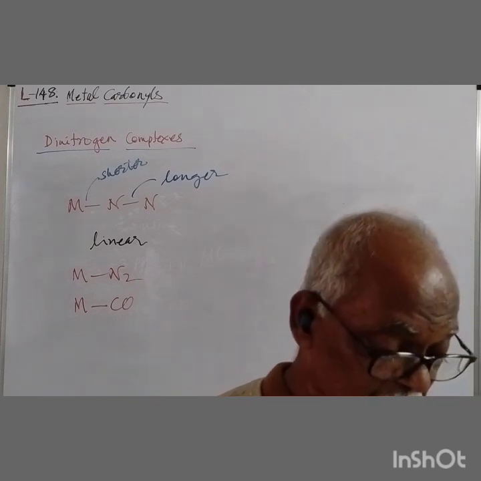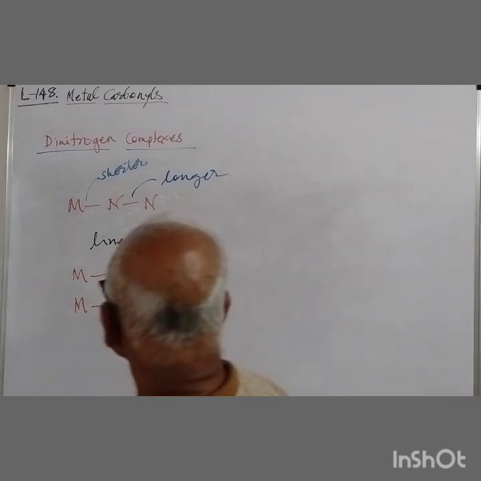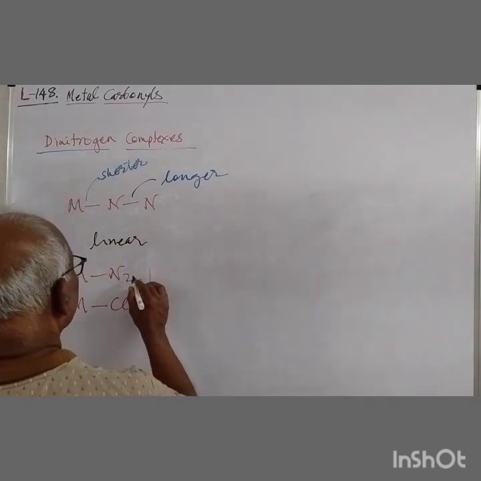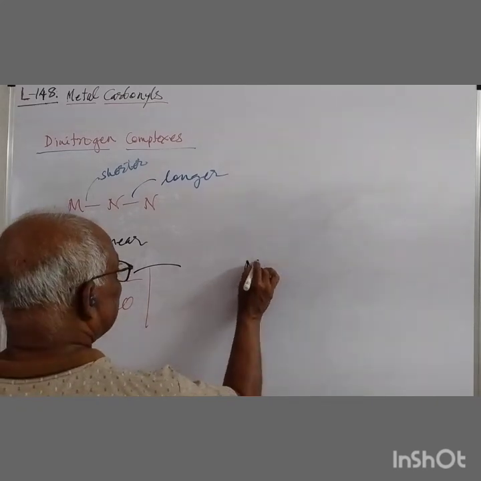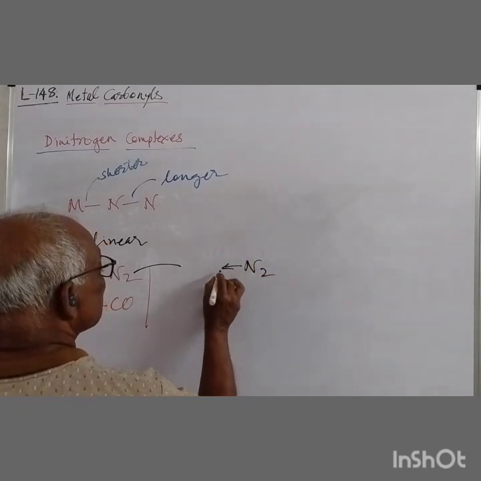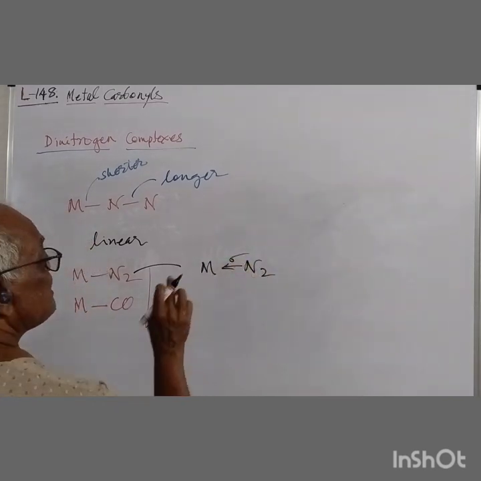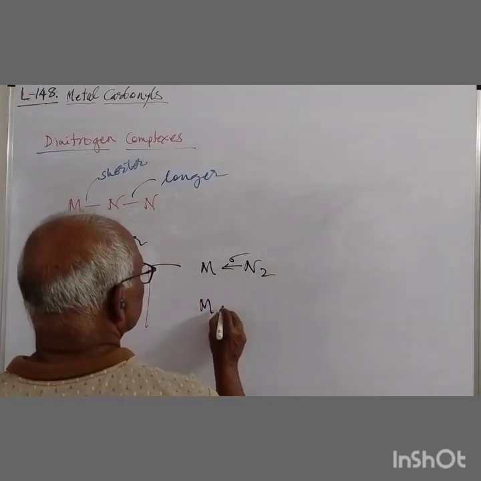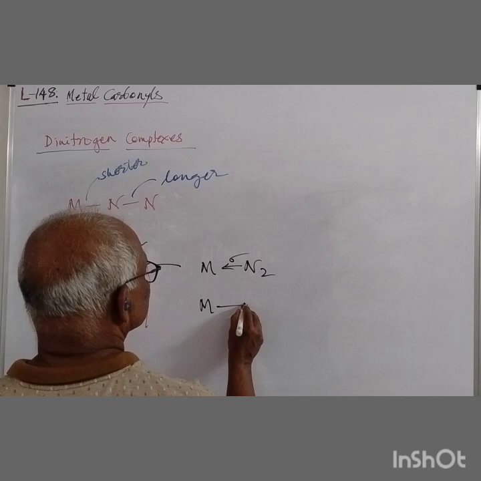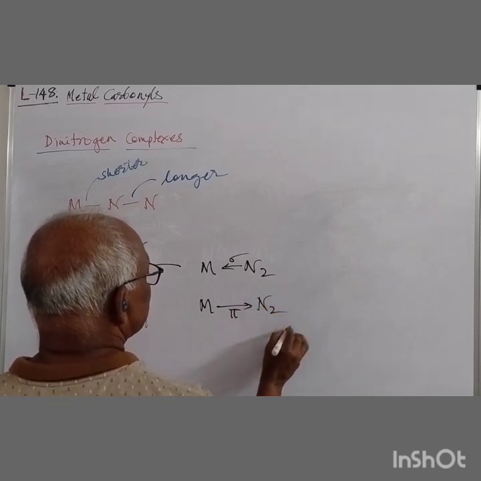The same basic components are present: nitrogen shares its sigma electrons with the metal, and similarly the metal shares back its pi electrons to nitrogen.